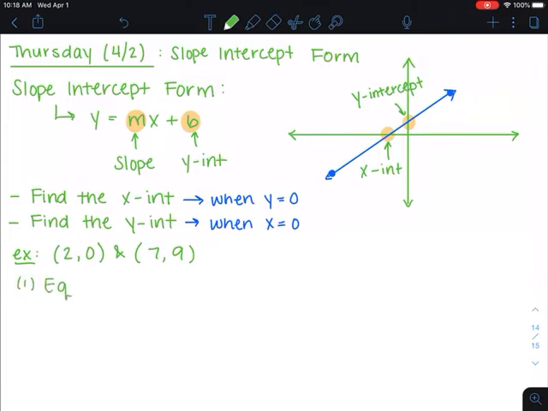So they want to know 3 things. They want to know the equation in slope-intercept form, which again is referring to the y equals mx plus b.